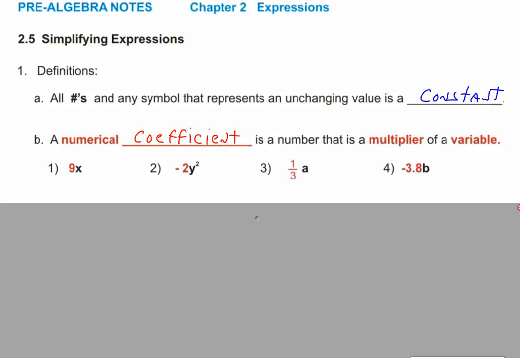C-O-E-F-F-I-C-I-E-N-T. So the full name is numerical coefficient, but we usually just say coefficient. So it's very possible a couple days down the road, I'm going to say the coefficient. And if you don't know what that means, then you have no idea what I'm talking about.